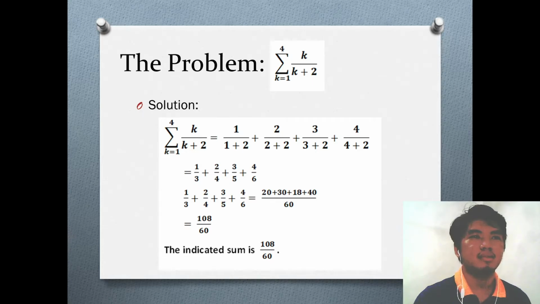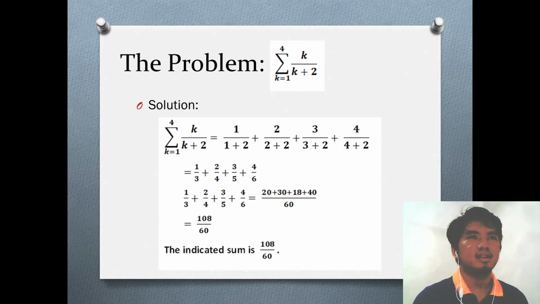And 60 divided by 5 is 12. 12 times 3 is 36. And 60 divided by 6 is 10. Multiplied by 4 is 40. So we're gonna add the numerators. So 20 plus 30 plus 18 plus 40 is 108 over 60.